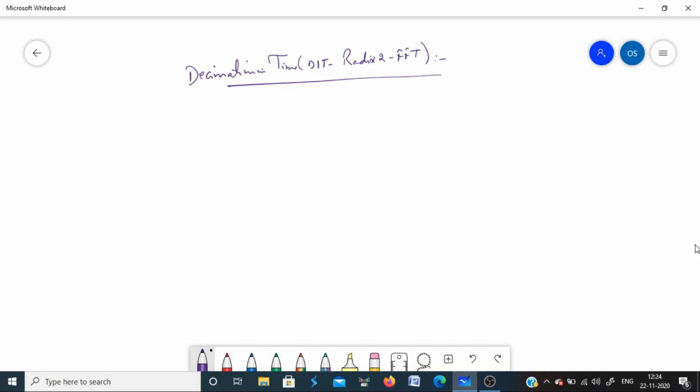Okay, so what we do in this case is we decompose N again in the form of two factors L and M, and we choose L as 2 and M as N by 2.